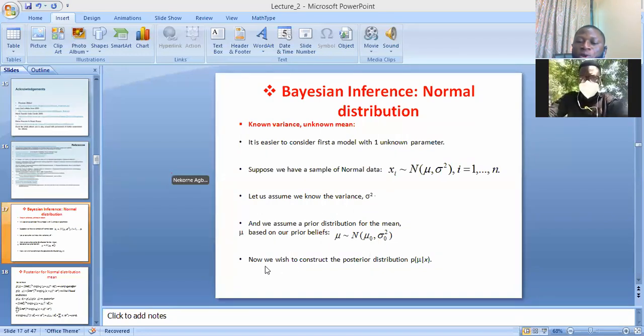Now, we wish to construct the posterior distribution for the parameters. So you can see that we are having P, that is the probability of the parameter mean, given the data values, which is X.